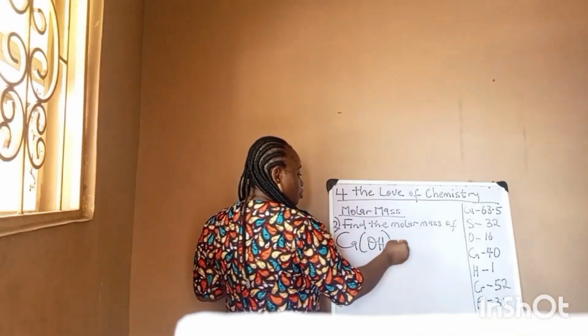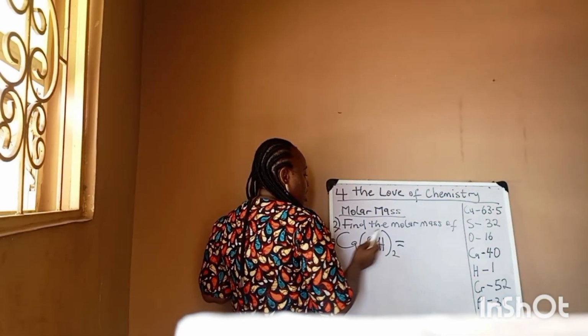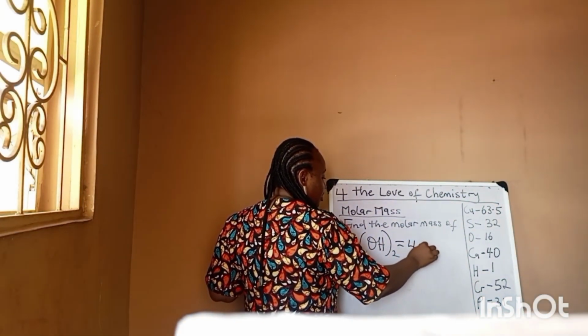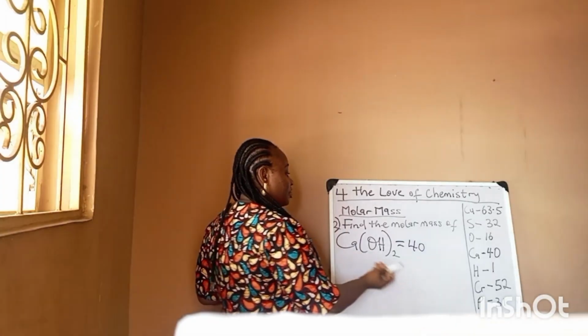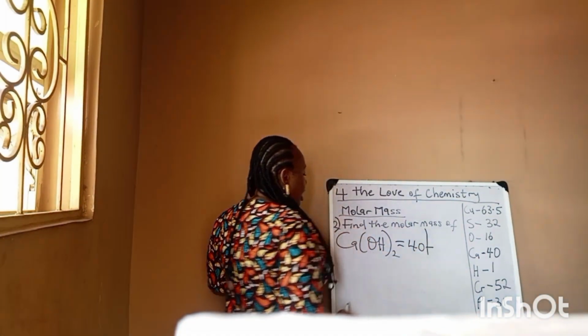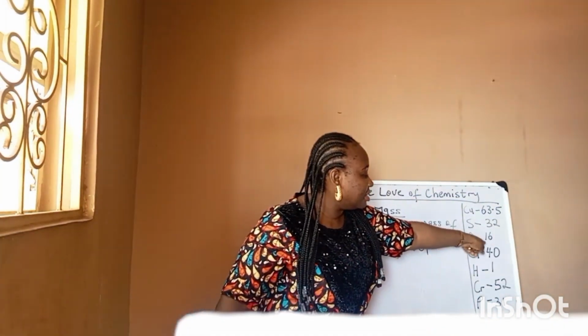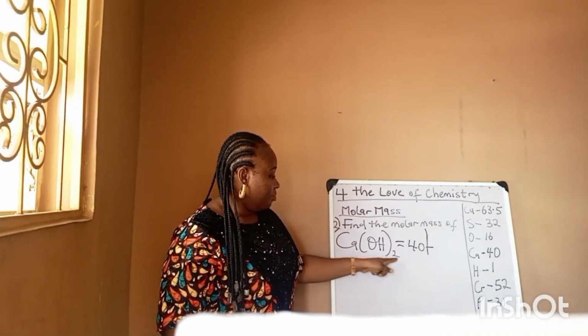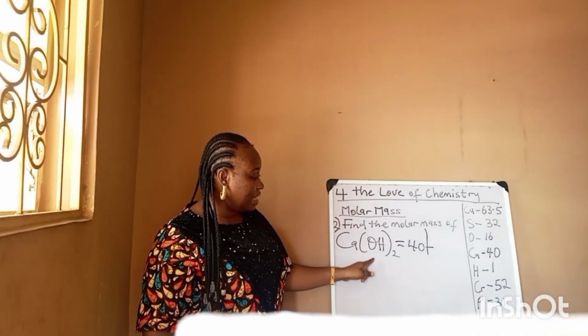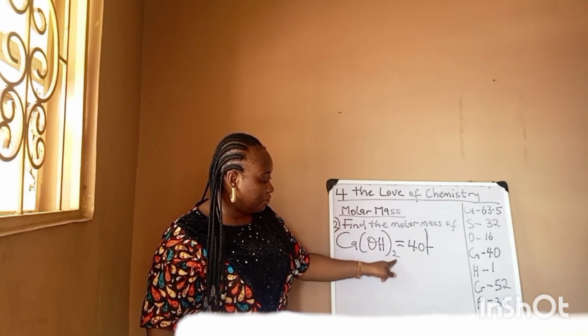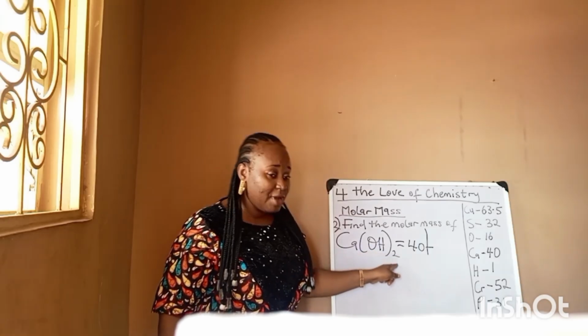Now, just like I have said earlier, calcium has atomic mass of 40 and it's just one atom of calcium here, so we add just 40. And then oxygen, which is 16, but this bracket shows that there are 2 atoms of oxygen and 2 atoms of hydrogen.